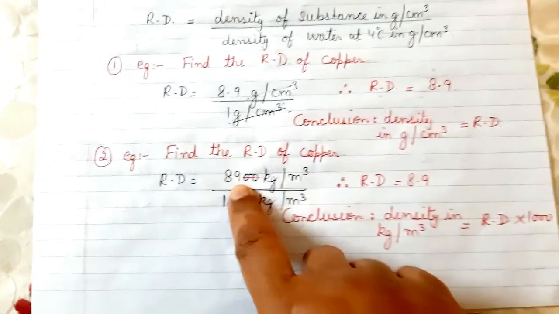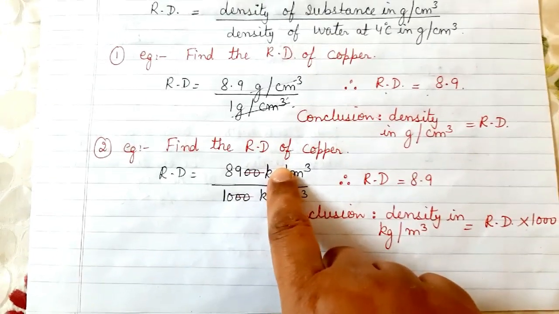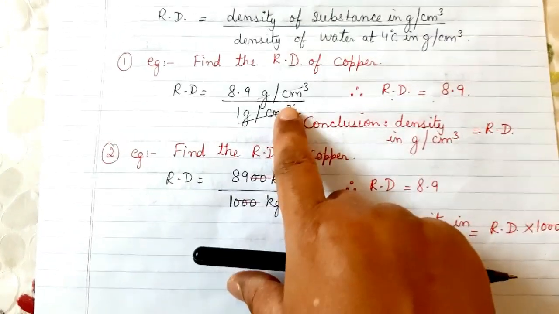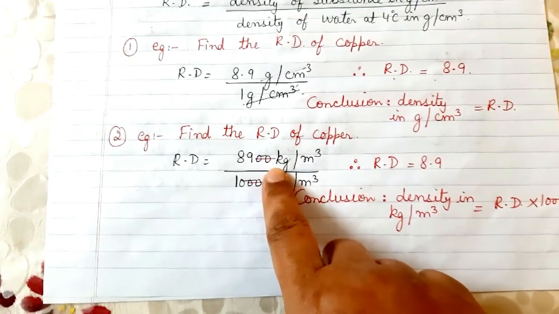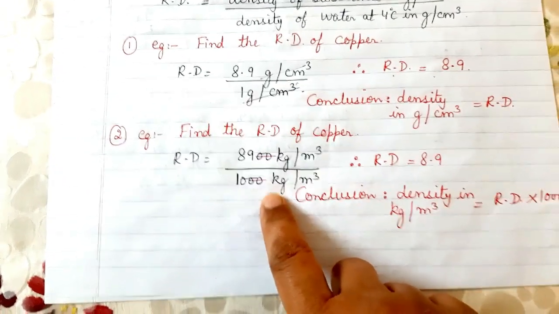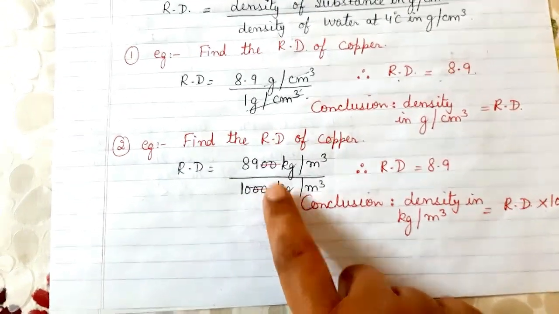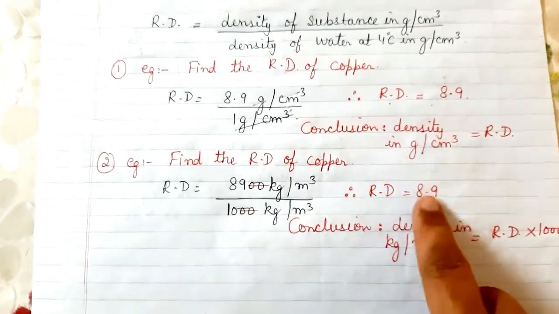Now, the same question: again I am finding the relative density of copper, but this time I am considering the SI unit. So the density of copper in SI unit is 8900 kg per cubic meter, and the density of water in SI is 1000 kg per cubic meter. The zeros cancel out and the relative density value comes to the same, that is 8.9.